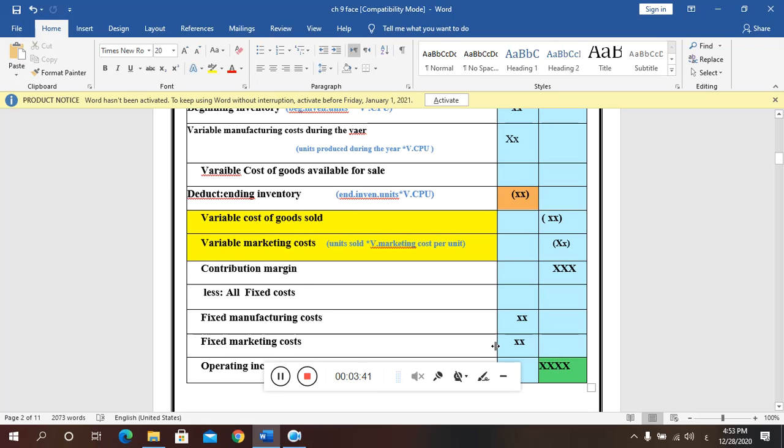From this figure, we can say that under the variable costing method, the period costs are all the fixed costs, fixed manufacturing costs and fixed marketing costs. Or we can say that under the variable costing method, inventoriable costs are all variable costs, variable cost of goods sold and variable marketing cost.